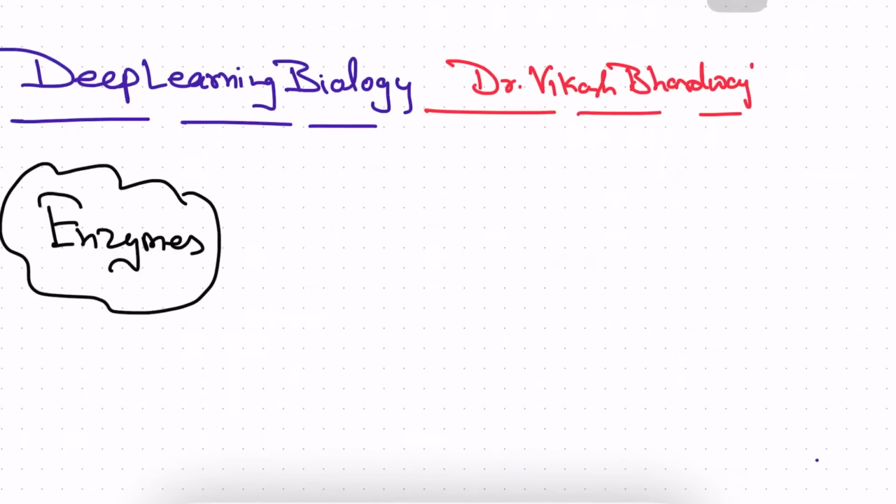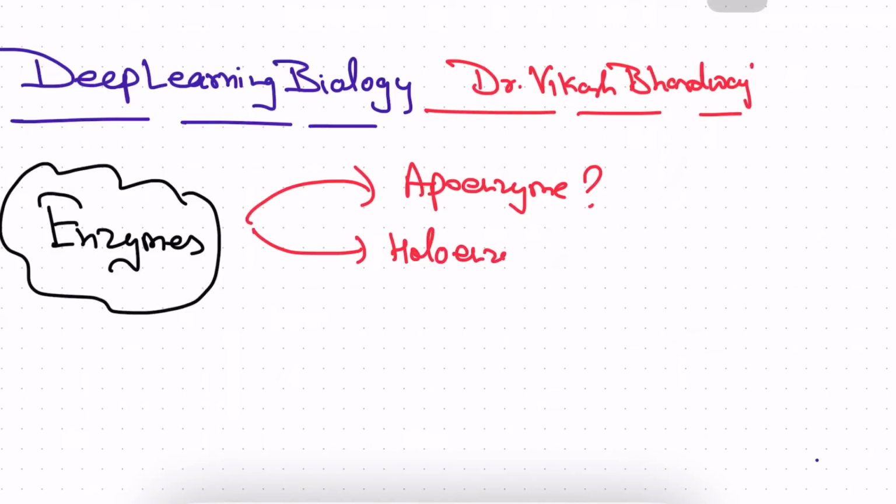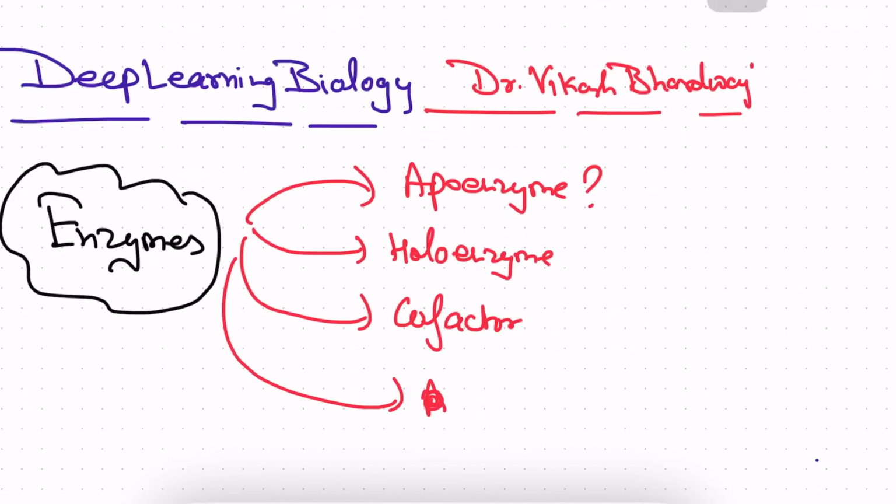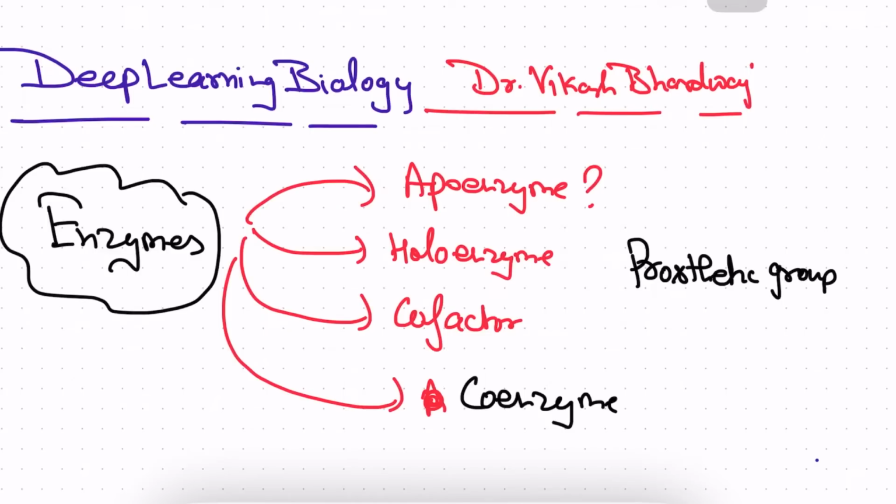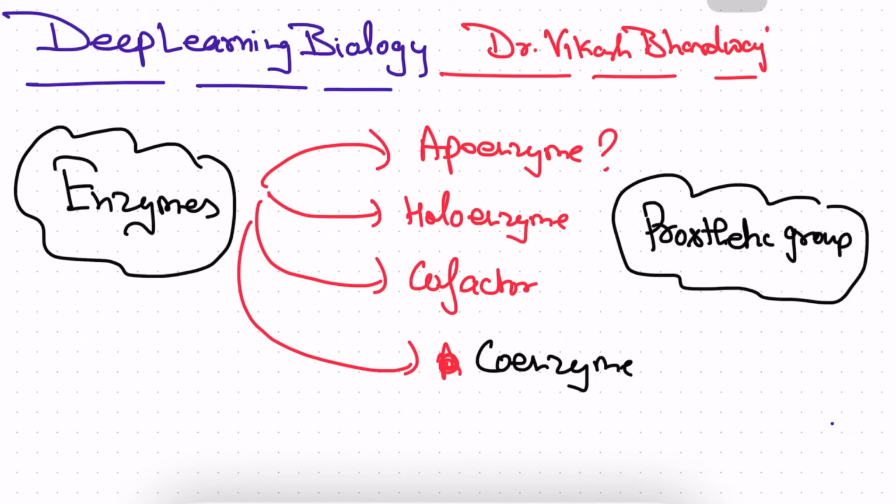So, in this video, we are going to discuss what is apoenzyme, what is holoenzyme, what is cofactor, what is coenzyme, and finally we are going to discuss what is prosthetic group. Okay, so all these terms we are going to discuss in this video.